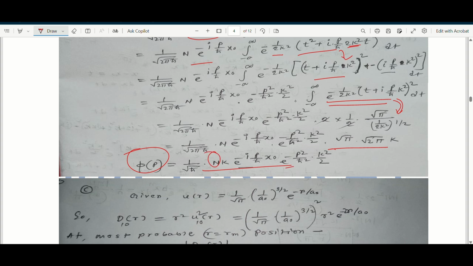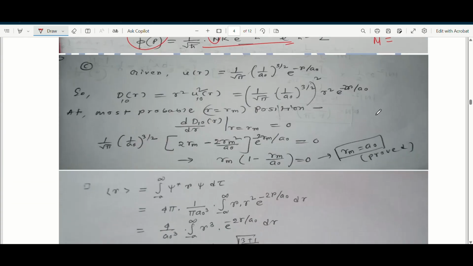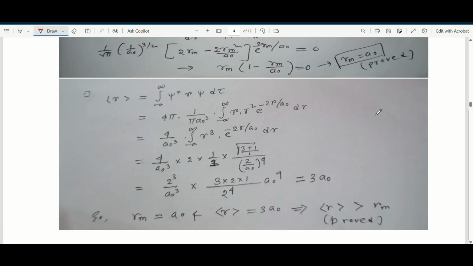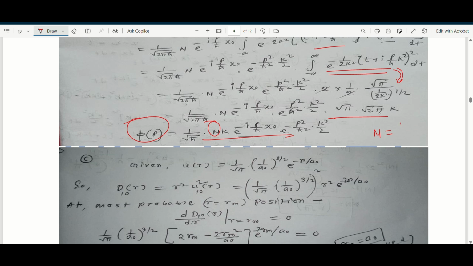In that we calculated earlier that n equals 1 divided by k into root over pi, to the power half. We can also write this as (π k²) to the power 1/4. So this is the n value.